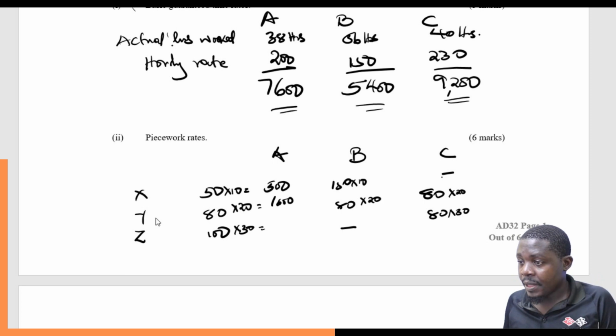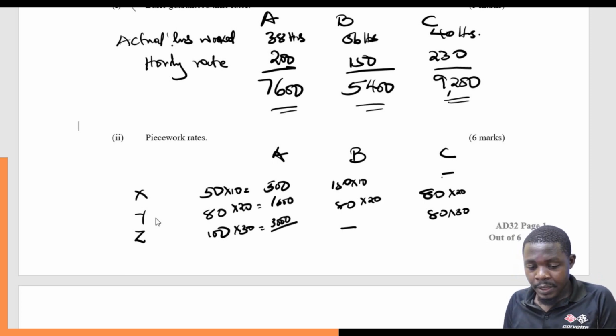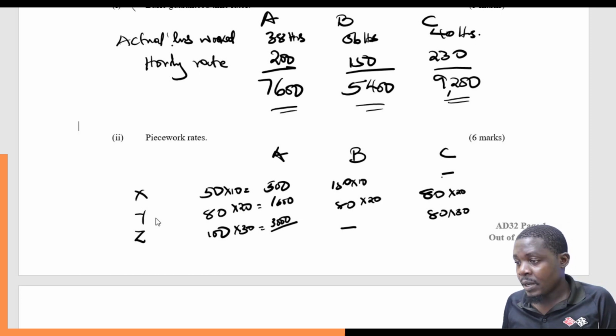Then 100 multiplied by 30 is 3000. The total is 3000 plus 1600 plus 500, we have 5100 minutes. Then for B, 150 multiplied by 10, we get 1500.